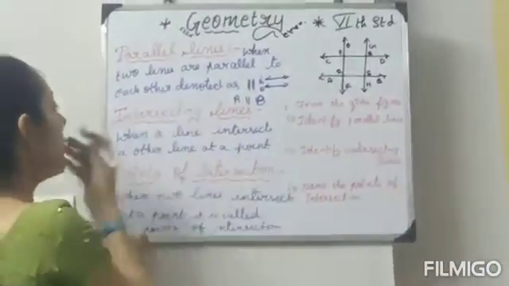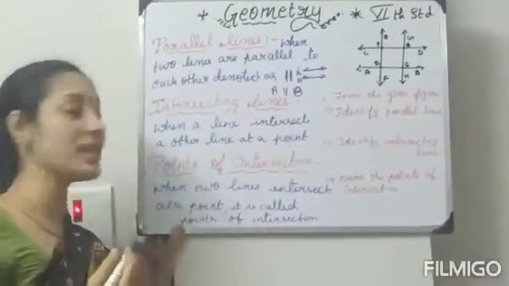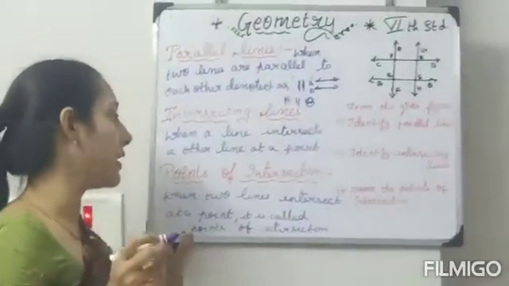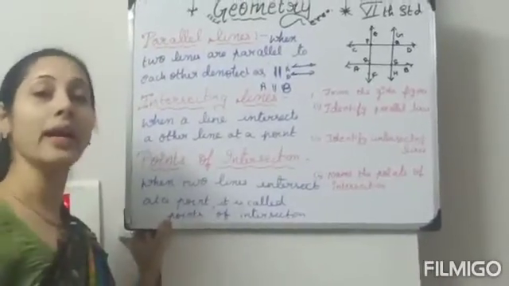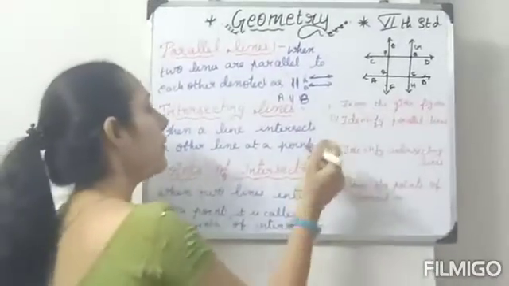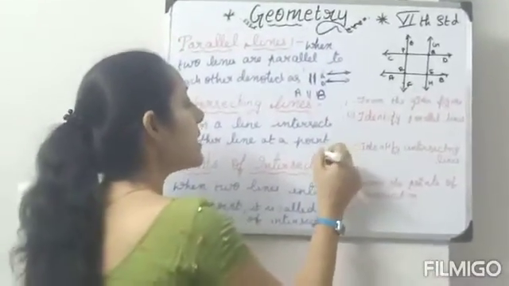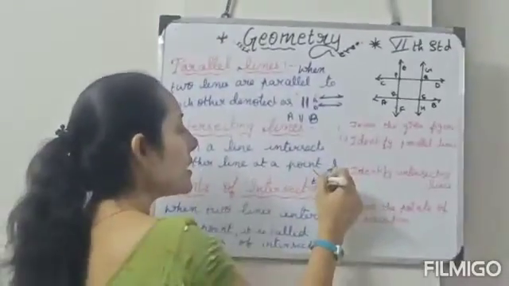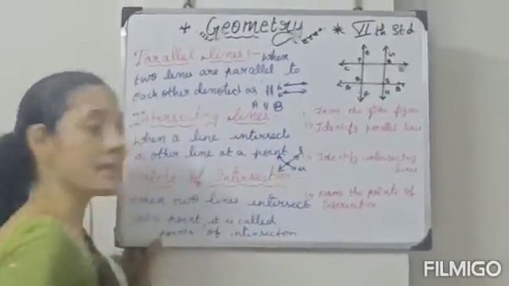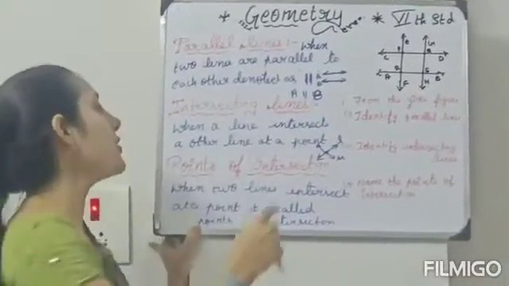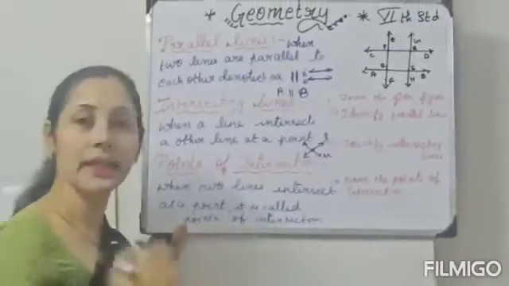Okay, next topic is intersecting lines. Intersecting lines: when a line intersects another line at a point. For example, see, this is a line L, this is a line M. They are intersecting at a point. So, this is called intersecting lines.